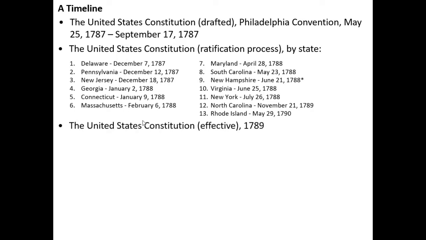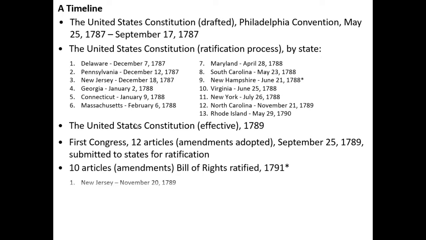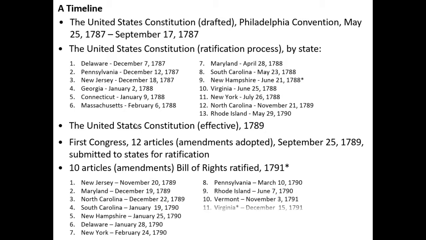Then when the first Congress met in 1789, over the course of that first year, Congress drafted 12 articles, submitted those to the states for ratification, 10 of which were ratified by the requisite number of states and took effect in 1791. There you can see a list of the states and when they ratified the so-called Bill of Rights, the first 10 amendments to the Constitution.